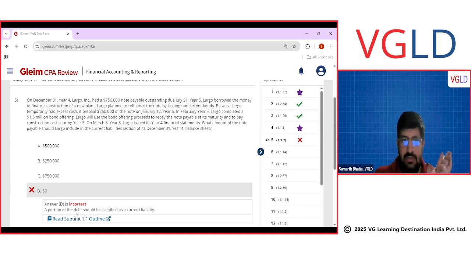So they have a note, which is 750,000 and due on July 31st, year 5. Means in the next 7 months, it is going to be due. It is going to be paid. So Largo borrowed the money to finance the construction of a new plant. Largo planned to refinance the note by issuing non-current bonds.